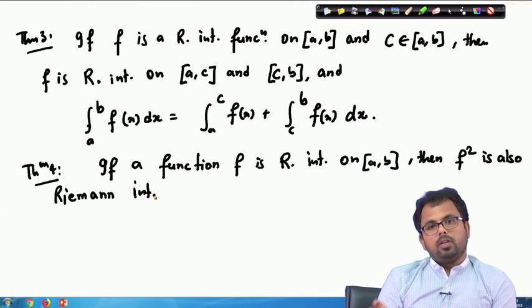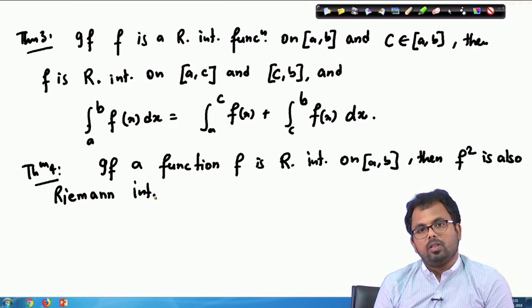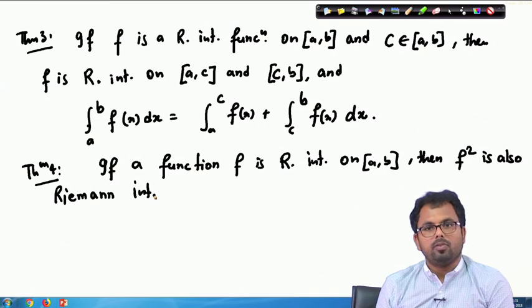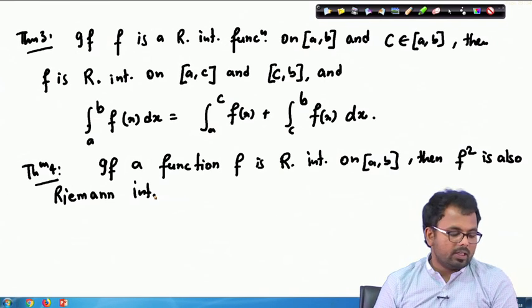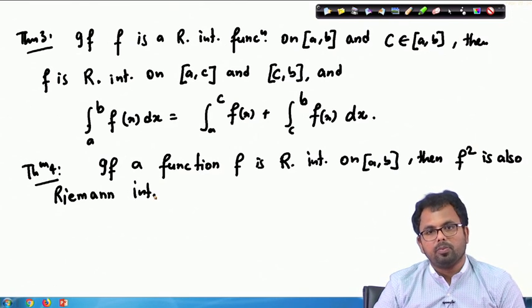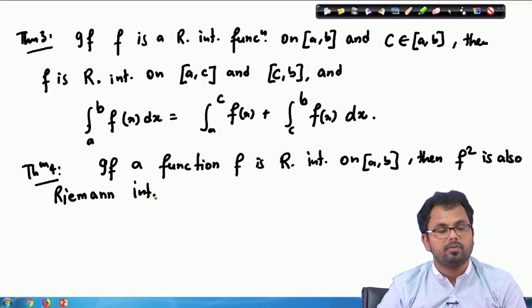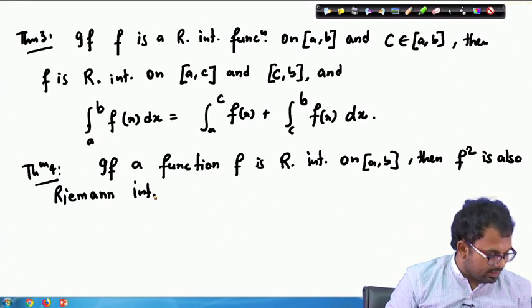Similarly you can continue. If f square is Riemann integrable, then you can show that f cube or f to the power 4 are also Riemann integrable. So this property carries forward. Again, for the proof of this theorem, I would recommend you look into the references which I have mentioned.